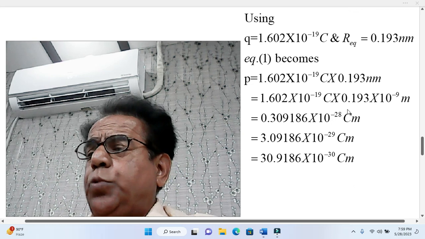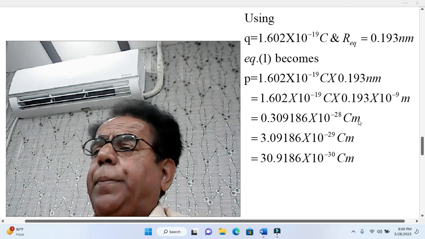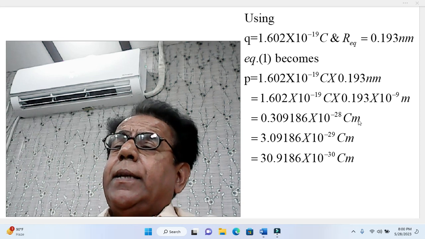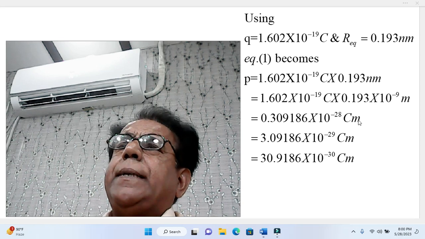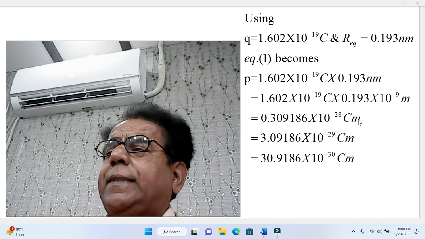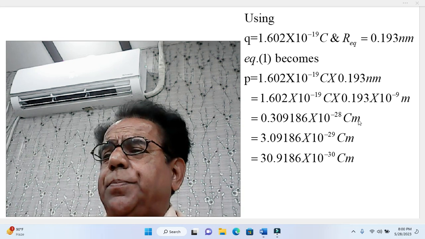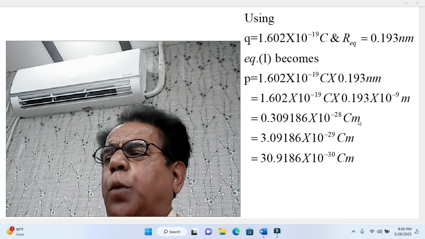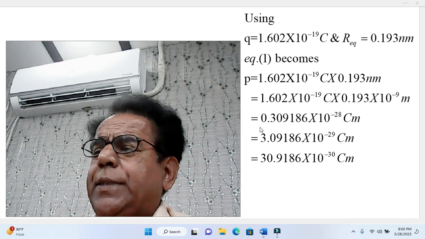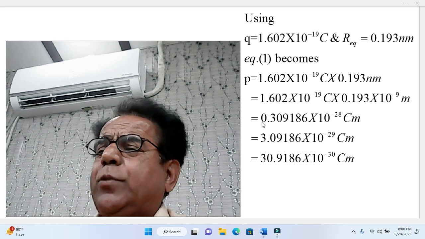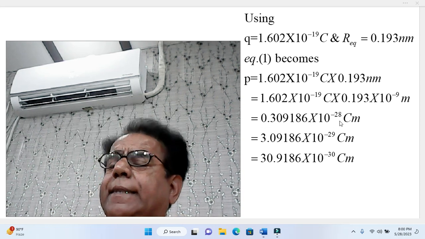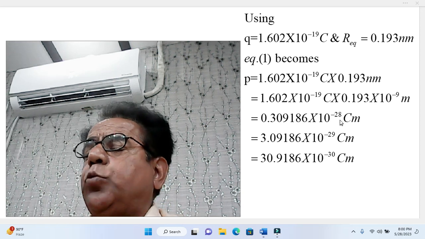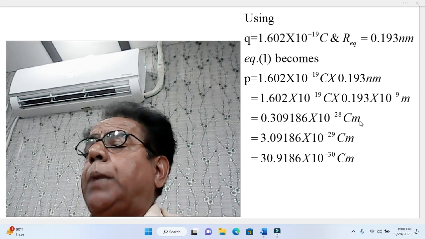Dear students, to this extent our problem has been solved exactly, but there are some formalities, some fashions which we usually prefer to adopt. This result is exactly acceptable and correct, that is 0.309186 into 10 to power minus 28 coulomb meter.